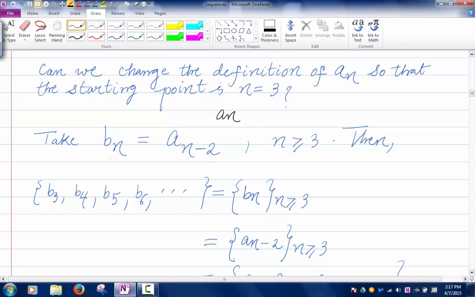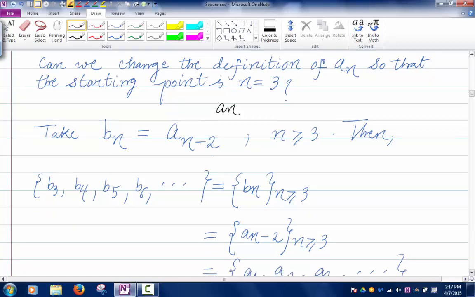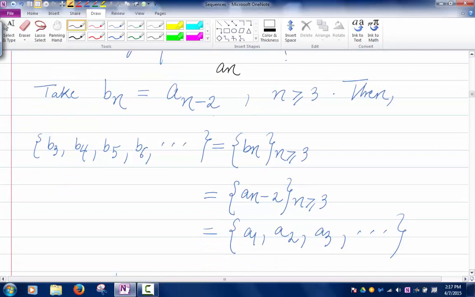So what is the starting index for Bn? Starting index for Bn is 3. So what is B3, B4, B5, B6, and so on? Well, that's Bn, n greater than or equal to 3. But what is Bn? Bn is the same as An minus 2, where n is greater than or equal to 3. Now notice, let's compute some of the values of An minus 2.